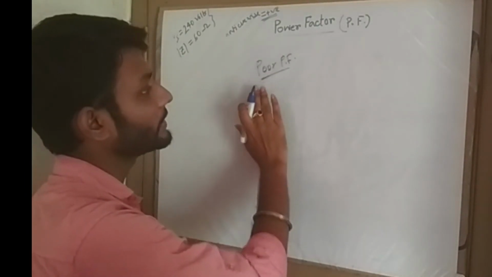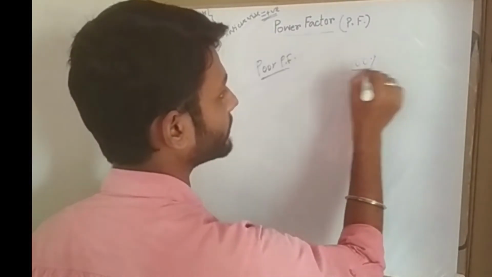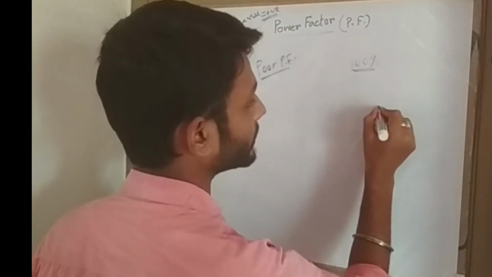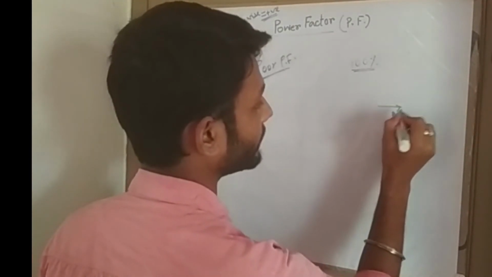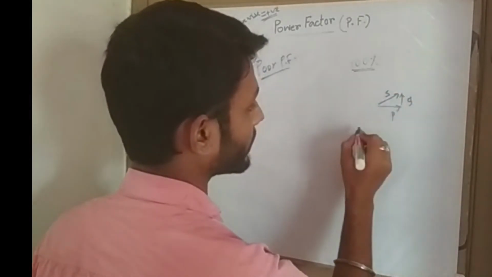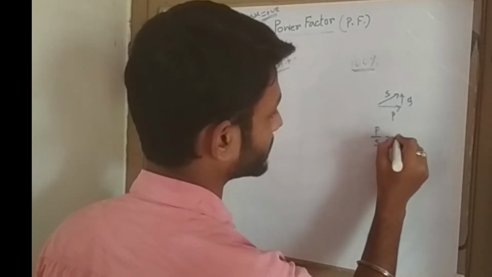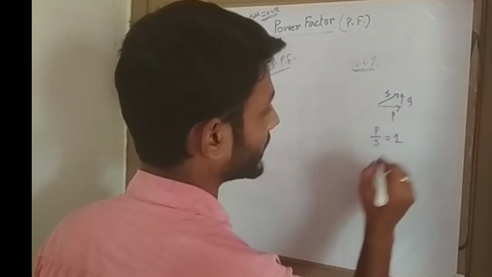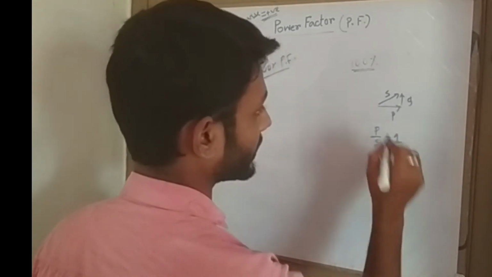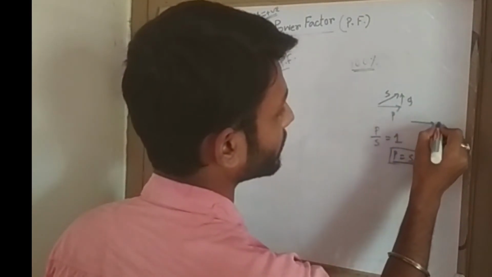Poor power factor means we have already told that our target is to achieve 100% power factor. Then what will happen? 100% means from the power triangle we can see if this is P and this is Q and this is S, power factor equal to P divided by S equal to 100%, that is 1, then P equal to S. At P equal to S, that means which one is P?